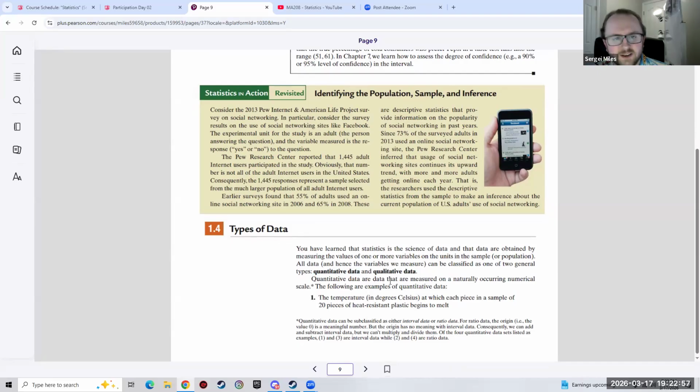Whereas qualitative, you want to think like the word quality, where whatever you're trying to study might have a quality about it, a characteristic about it, which is not necessarily numerical. It might not have a number value, like eye color. That is a quality about a person, but it's not a number, right? It's a category that I could try to place a person in based off of eye color.